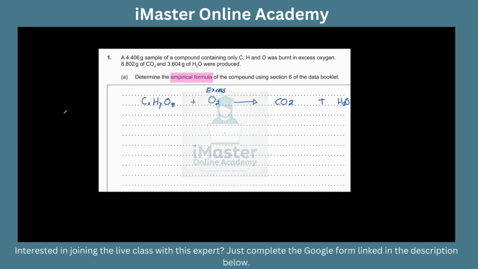So the mass of carbon dioxide is given to be 8.802 gram. The mass of water is given to be 3.604 gram. Now tell me, out of 44 gram per mole, because 44 gram per mole is the molar mass of carbon dioxide, how do we find the mass of carbon?